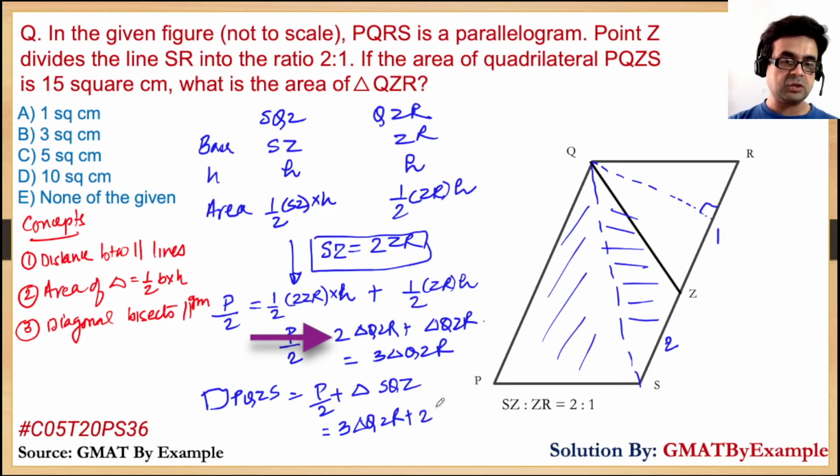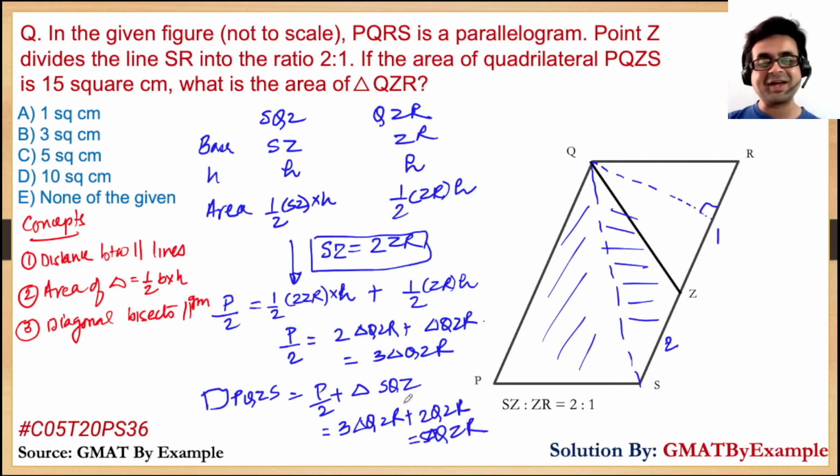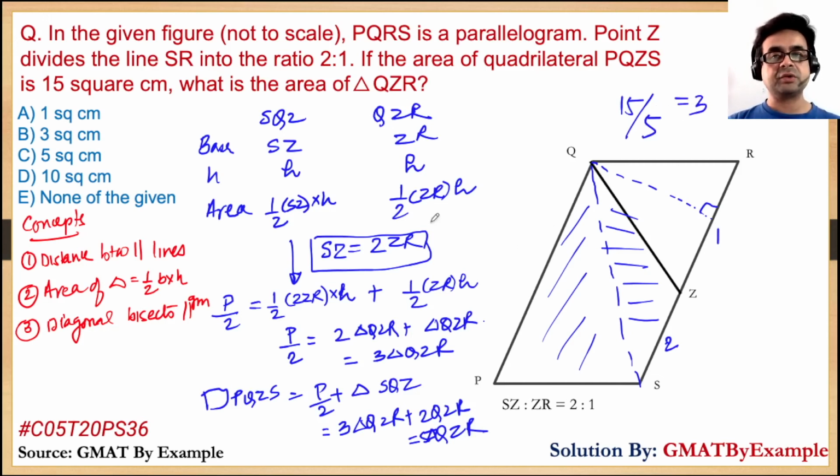So that is again 2 times QZR, which makes it 5 times QZR. So what I have is the quadrilateral PQZS is 5 times the triangle QZR, which means the area of triangle QZR would be 15 divided by 5 equals 3 square units. So the answer to this question would be B.